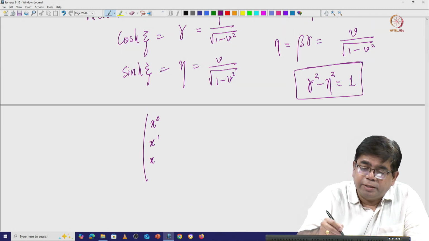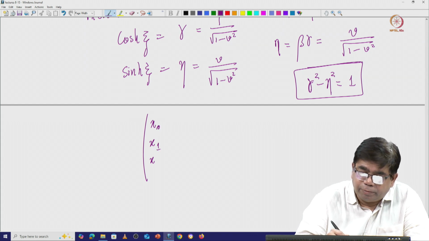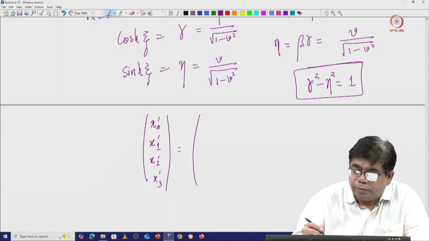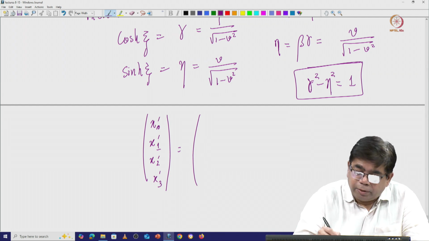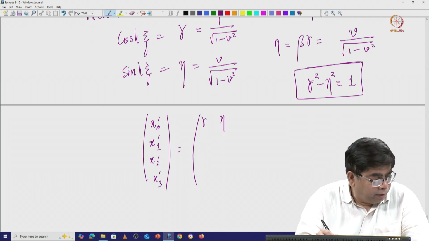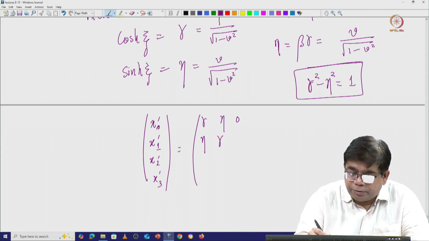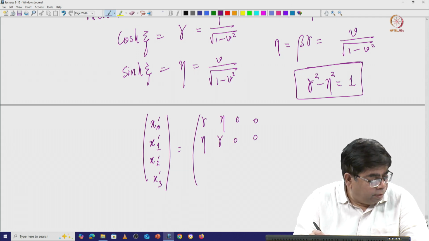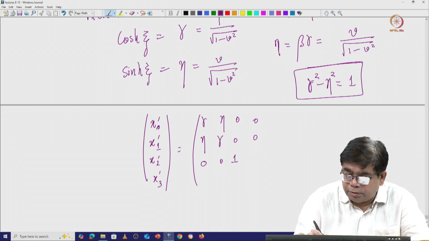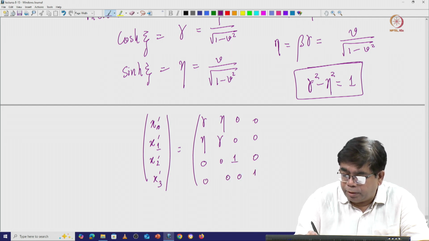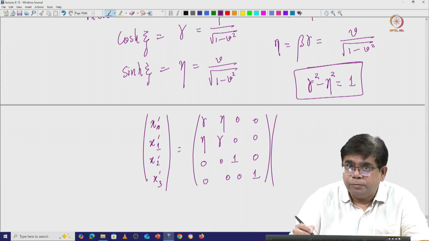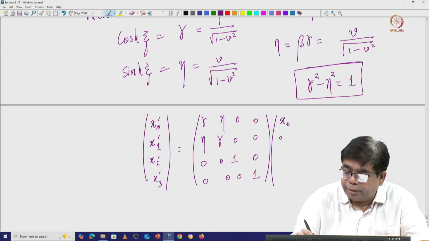Let me write everything in terms of lower indices. x0, x1, x2, x3 primed is equal to the matrix with gamma, eta, eta, gamma, 0, 0, 0, 0, 0, 0, 1, 0, 0, 0, 0, 1, multiplying x0, x1, x2, x3.